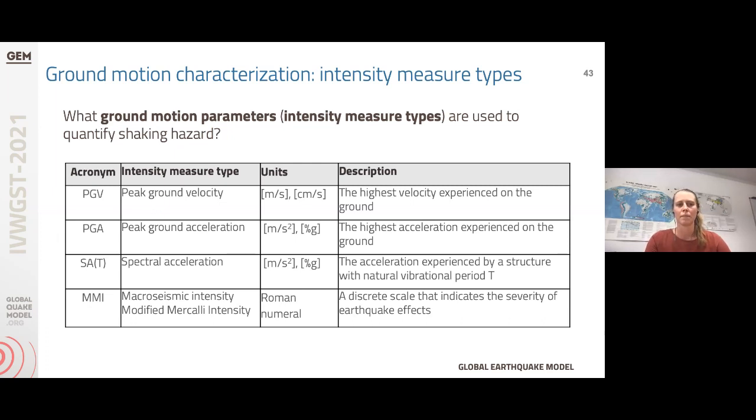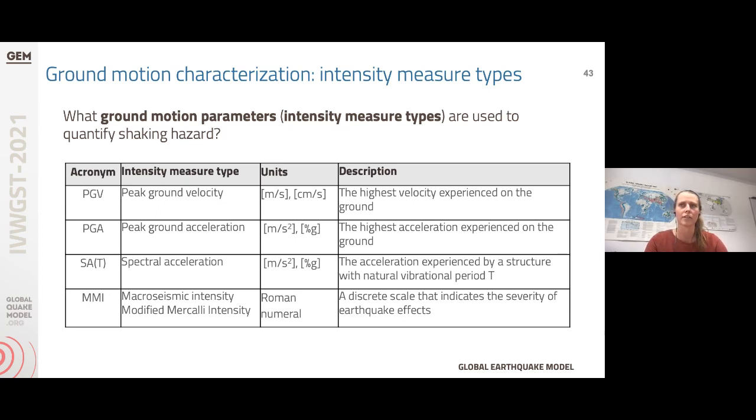In PSHA, we're often more interested in the peak value that occurs during an earthquake or during a period than the entire waveform. That's why we're looking at only the peak ground velocity or acceleration. We're also interested in the spectral accelerations that are experienced by structures with different natural vibrational periods. That's called the spectral acceleration as pertains to each period T.